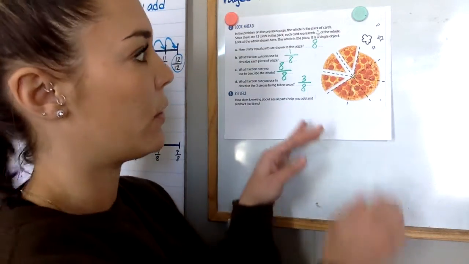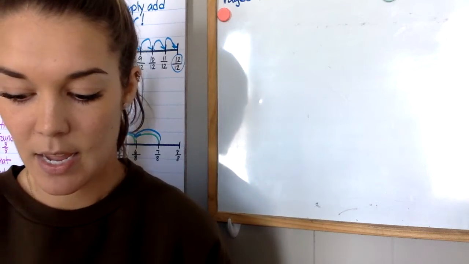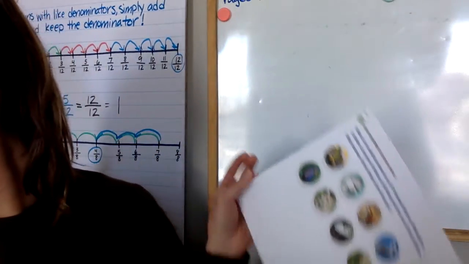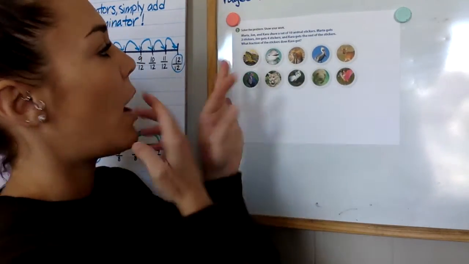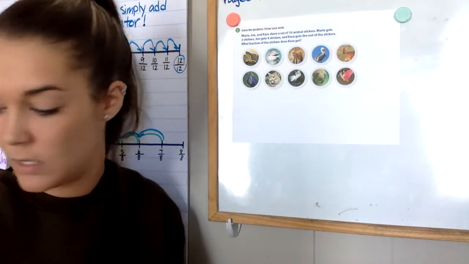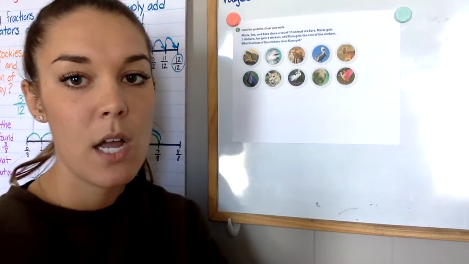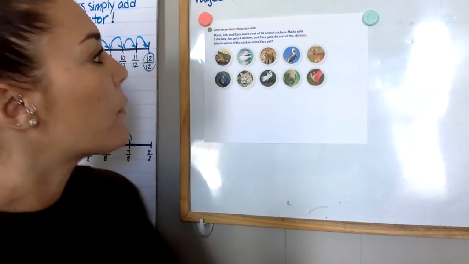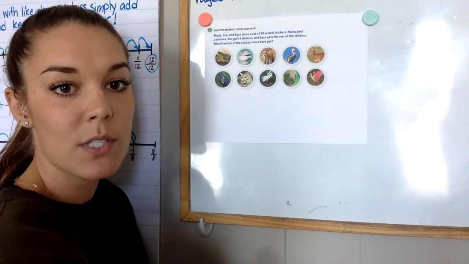All right, I'm going to skip page 415 because we really reviewed a lot when I went over my poster. So we're skipping that. And then we're going to go to page 416. Okay. So we're looking at problem 3 on 416. So the problem says, Maria, John, and Kara share a set of 10 animal stickers.